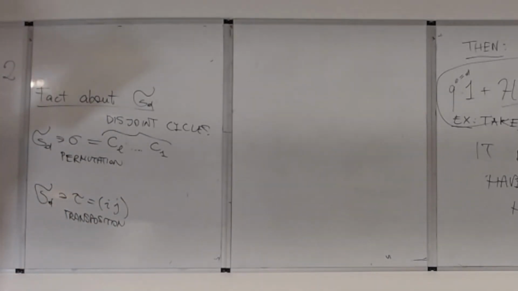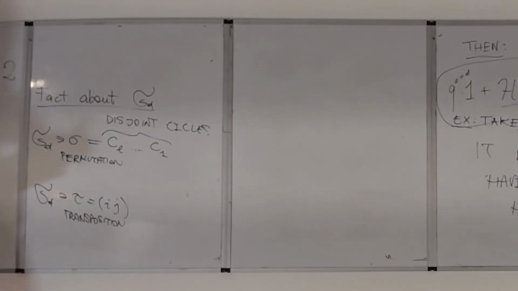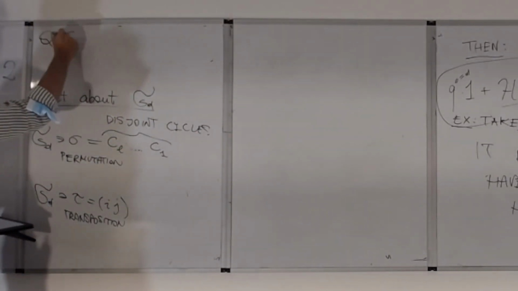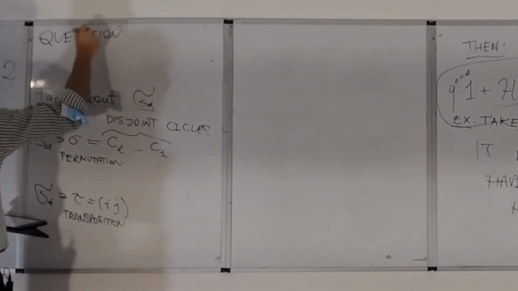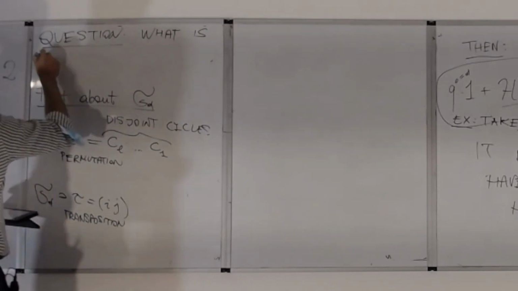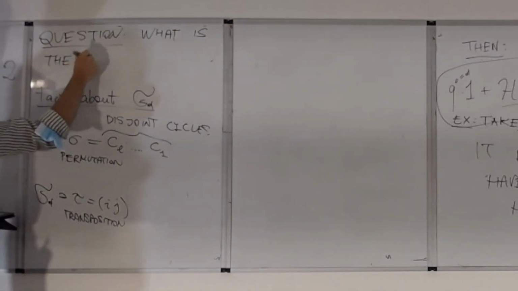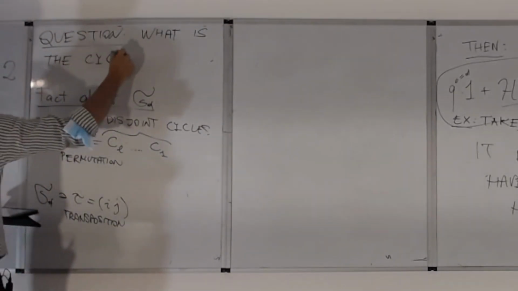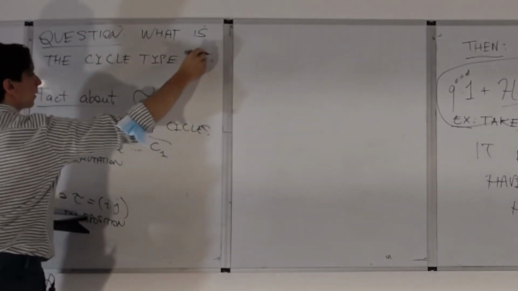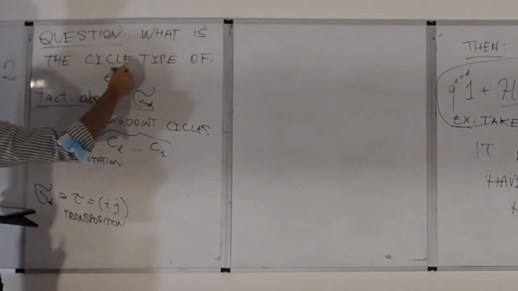The question is, what is the cycle type of sigma composed with tau?